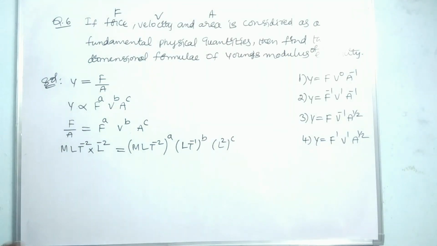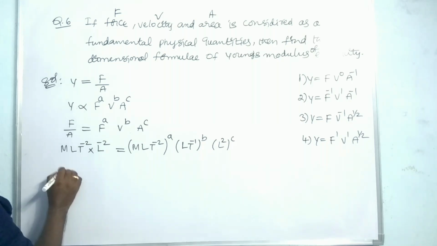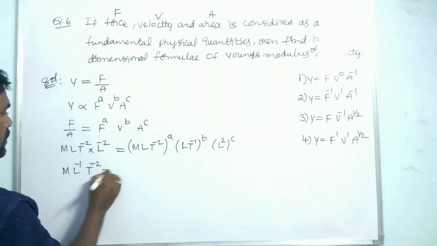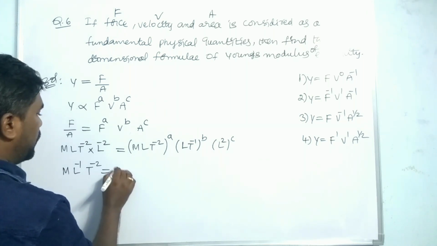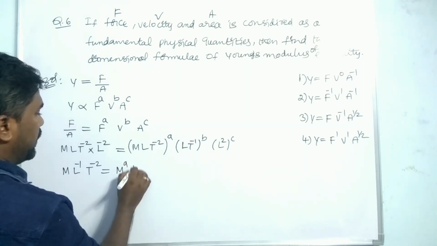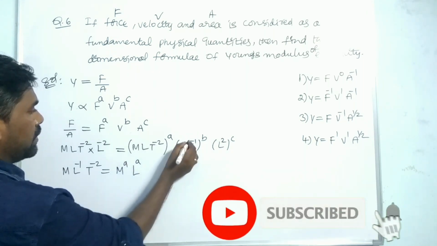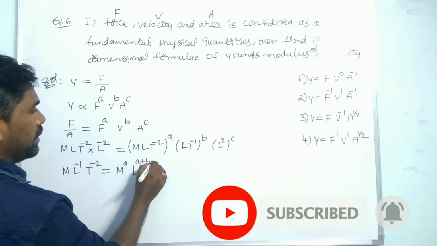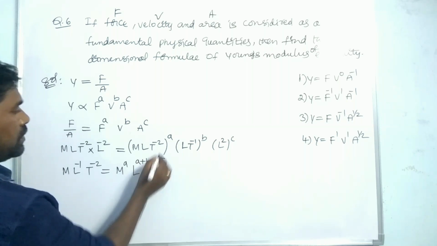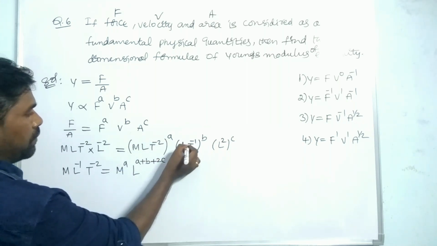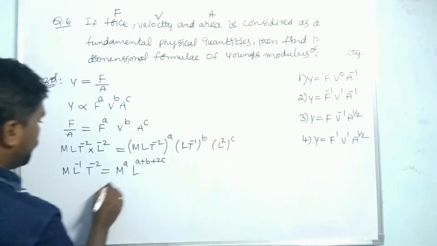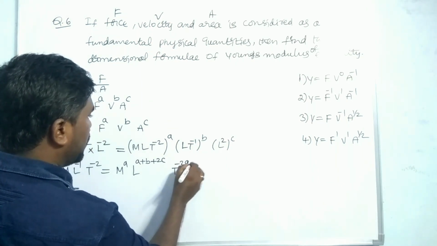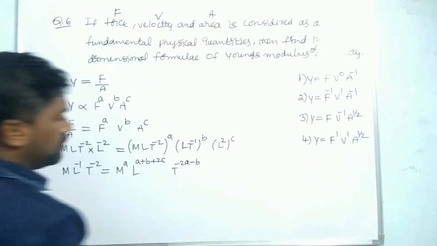Let us calculate here. It is M L minus 1 T minus 2, equal to M power a and L power a, and here L power b and plus 2c. Here a plus b plus 2c. Here T power minus 2a minus b.